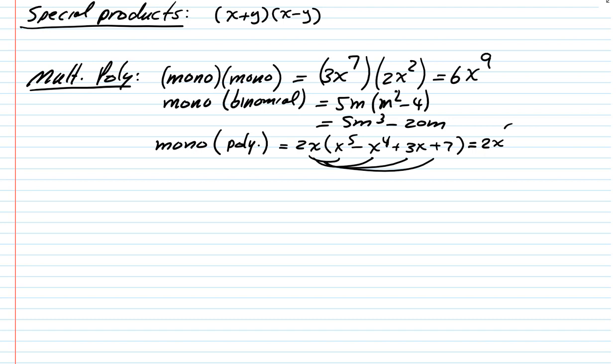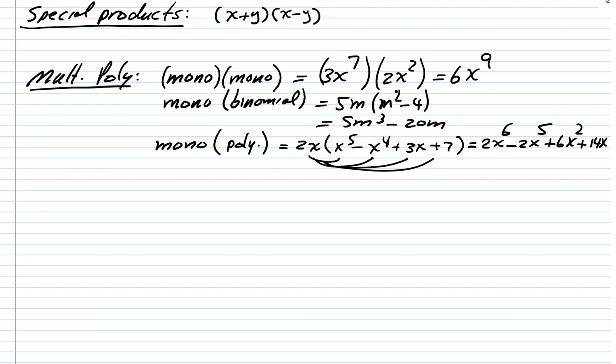And then we do -2x times x^4, -2x^5, plus 6x^2, plus 14x. And there you have it. So it's pretty easy. Monomial times whatever kind of a polynomial it might be.